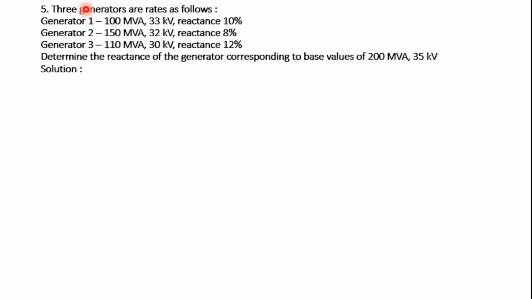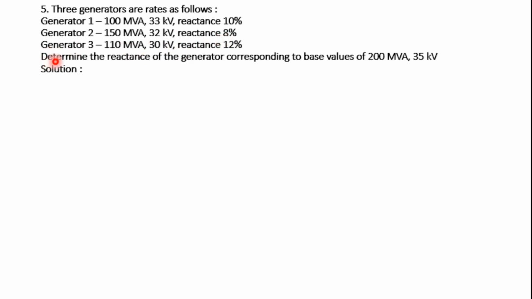Let's see, generator 1 has 100 MVA rating, 33 kV, reactance of 10 percent. It is in terms of percentage; earlier they had given in terms of ohm. Generator 2 is 150 MVA, 32 kV, reactance of 8 percent. Generator 3 has 110 MVA, 30 kV and reactance of 12 percent.